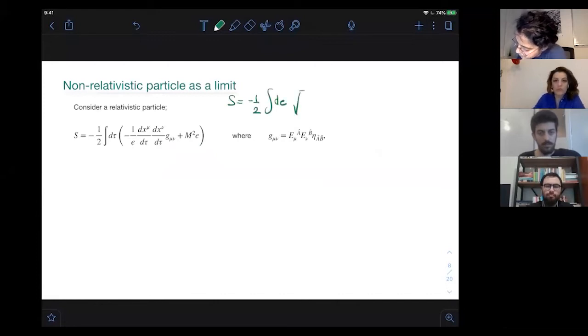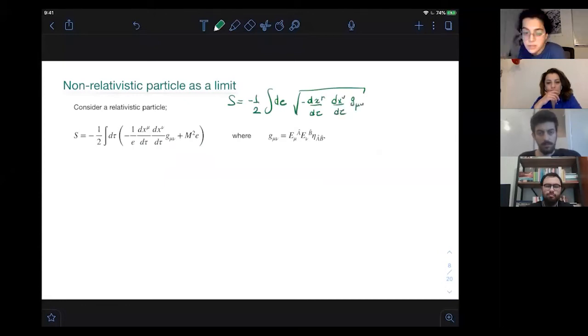I don't really want to work with a square root. The reason is that from the string point of view, it's natural to work with the Polyakov action instead of the Nambu-Goto action. And here I will use the Vierbein formalism, so I write down the metric in terms of relativistic Vierbeins.